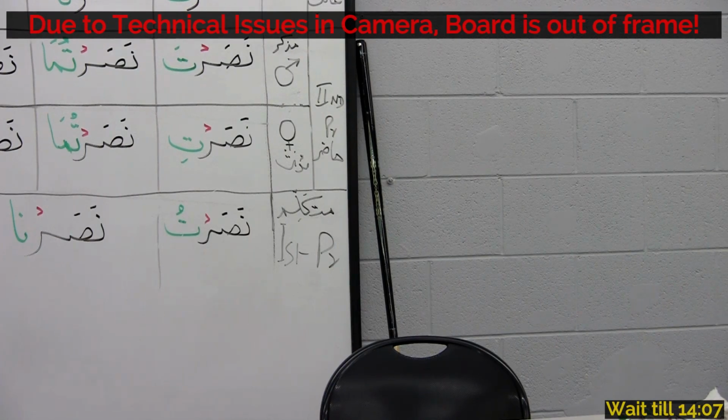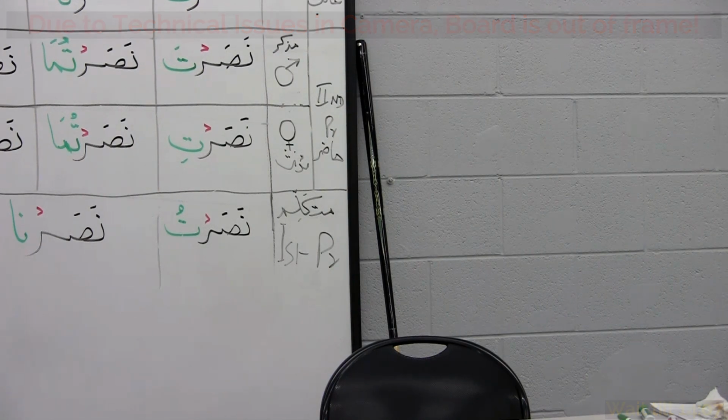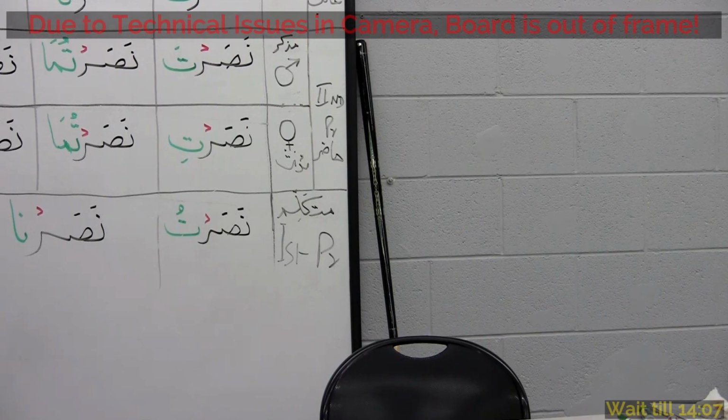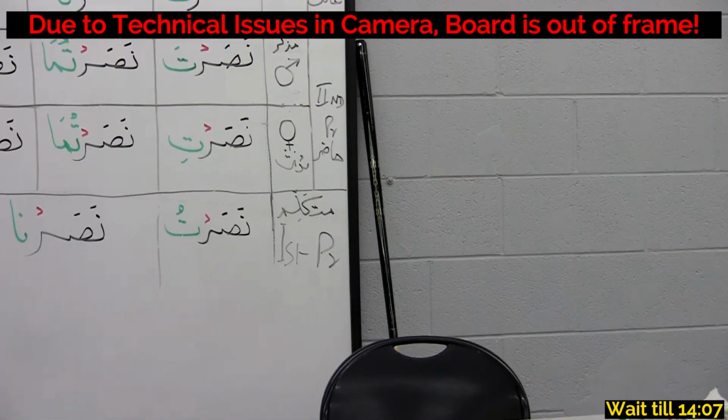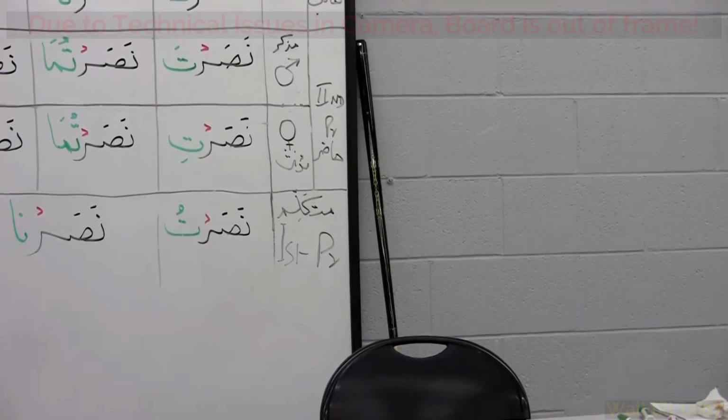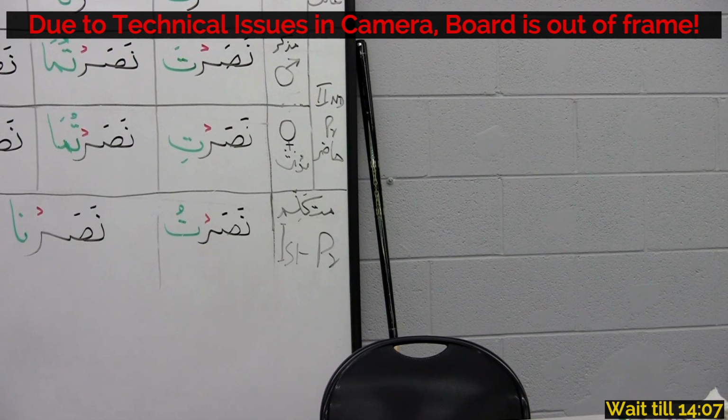Inni ja'ilun fil ardi khalifa. I am going to make a vicegerent on earth. Right, in the fourth section of the Quran. Inni ja'ilun fil ardi khalifa. Kataba yaktubu is to write, and katib is the writer.